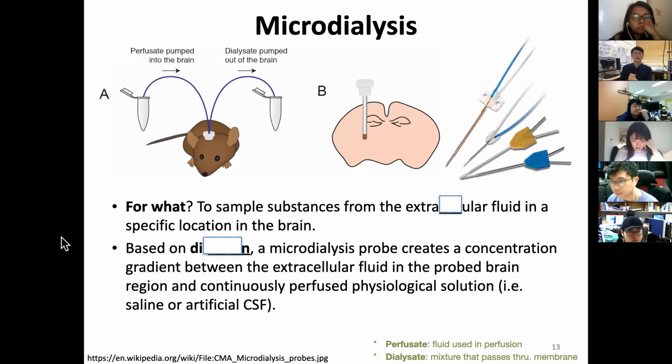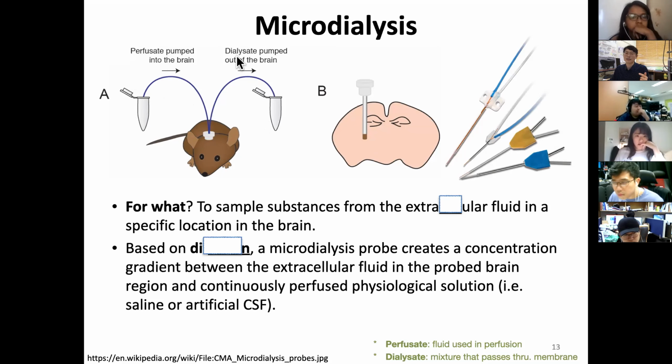Okay, so let's talk about microdialysis. So here, this is a mouse, and you target a specific region of the brain of your interest, and then you send out a so-called perfusate. You pump it in, and then it actually comes out.